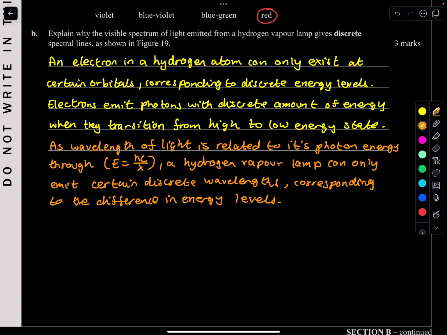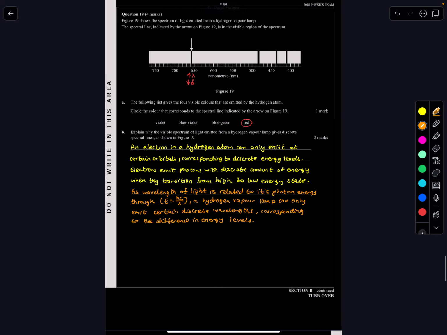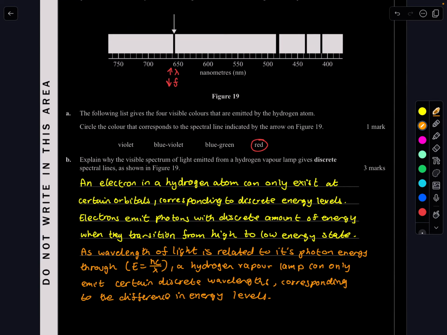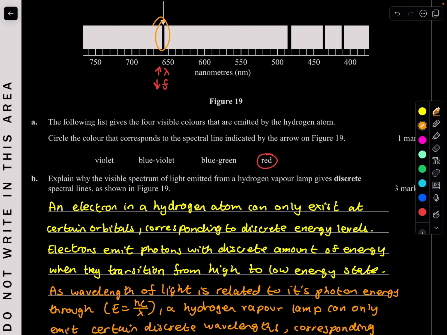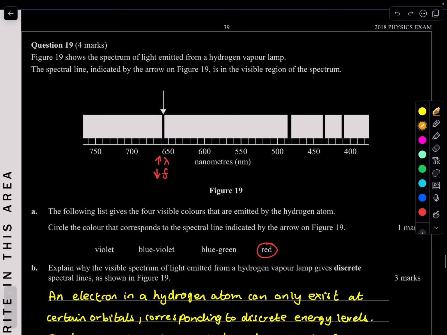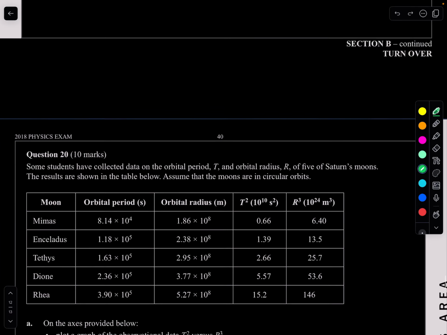I think this goes in depth for those 3 marks. We have discrete spectral lines because only discrete wavelengths are allowed to be emitted. Easy. Perfect, that looks good. Next question.